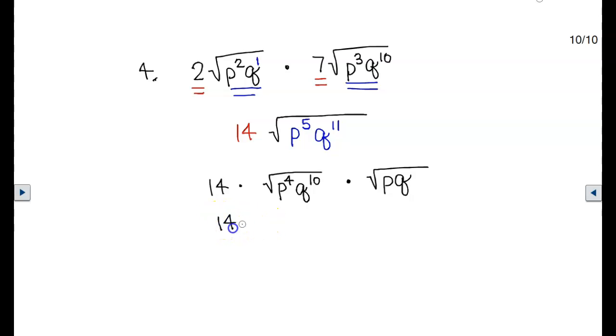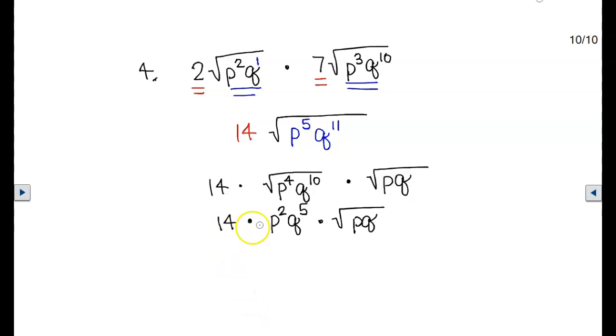Next step in the simplifying process is to take the square root of p to the 4th q to the 10th. I take that square root by cutting the exponents in half. So that's going to be p to the 2nd q to the 5th. And then I can't take the square root of pq, so I'll leave it alone.